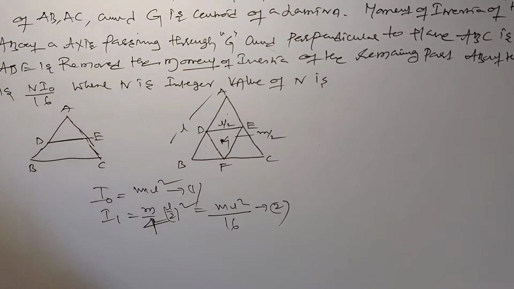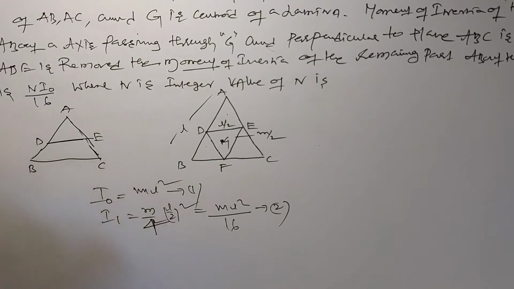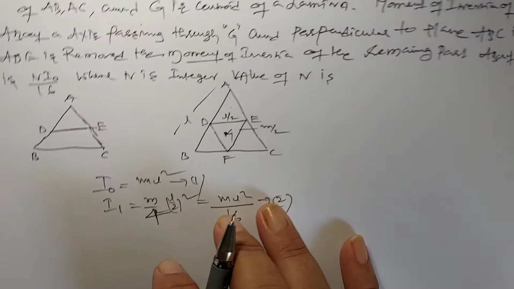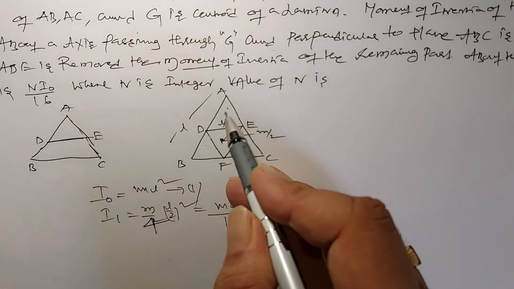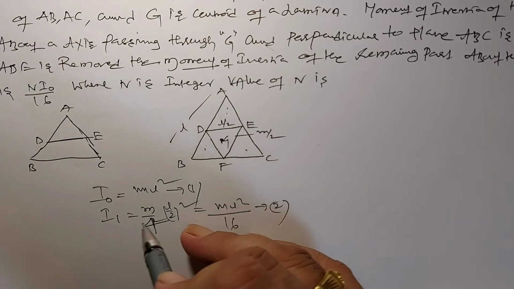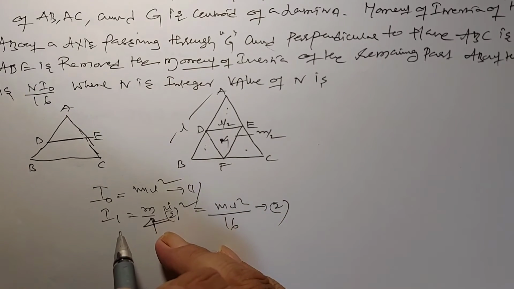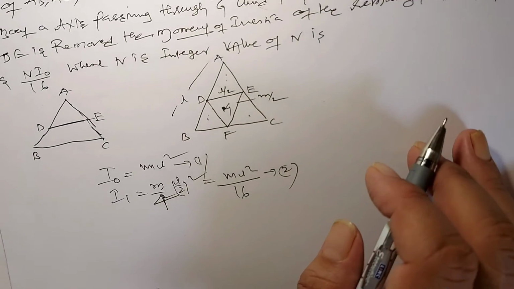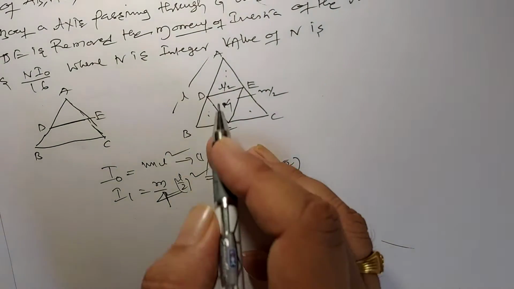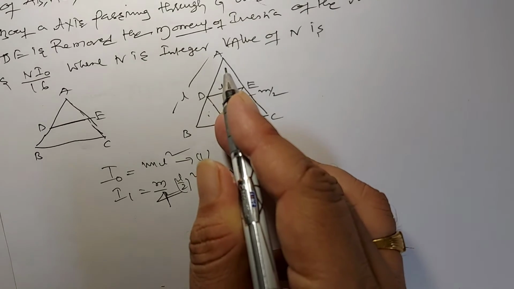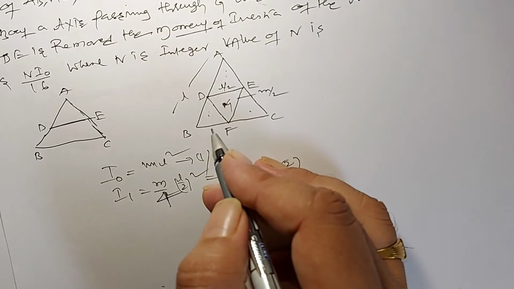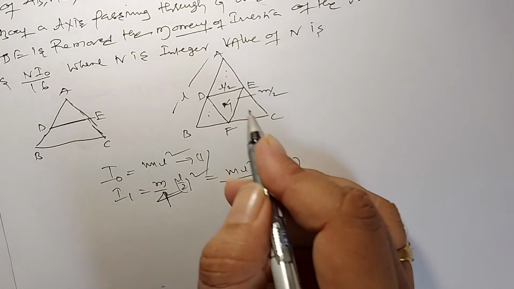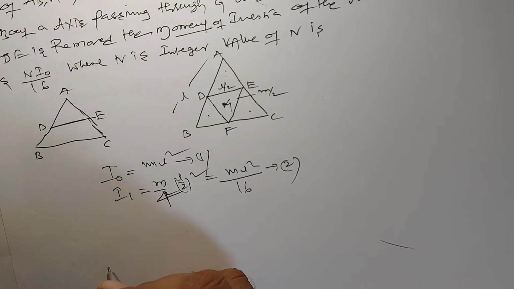Equation 2. Now the moment of inertia of the remaining three is different from this one, DEF. The moment of inertia of plane laminas ADE, BDF and FEC are equal.